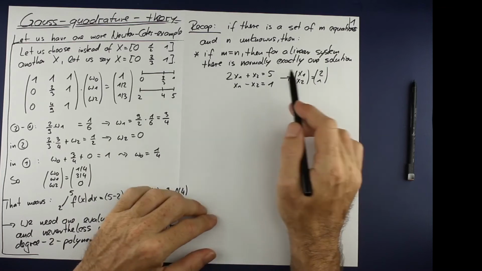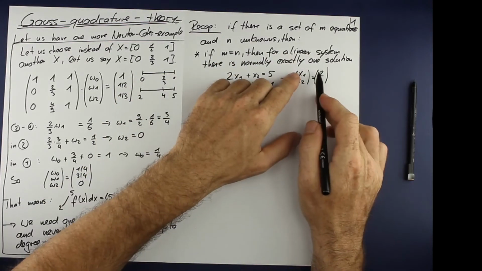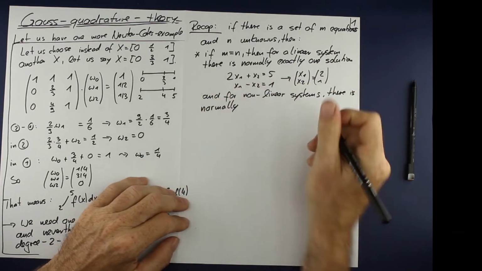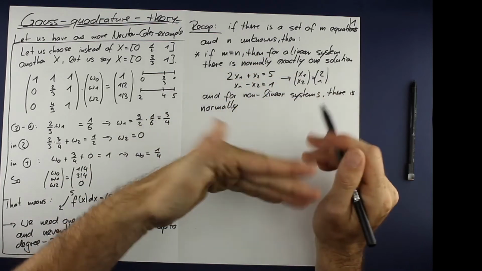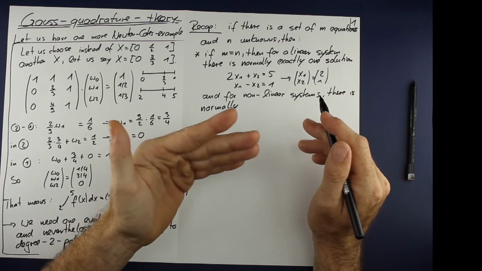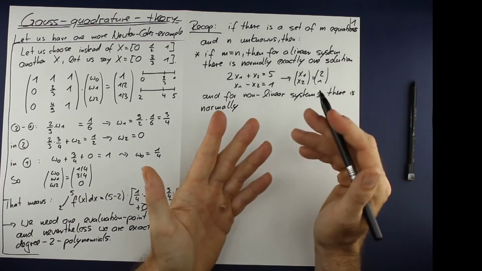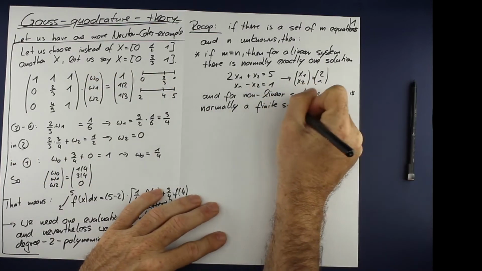Okay? And if we have a nonlinear system, what is it for a nonlinear system? There's normally not one solution, but a finite number of solutions. So maybe 1, maybe 2, maybe 3, maybe 0. Okay, that is also possible, but a finite set.